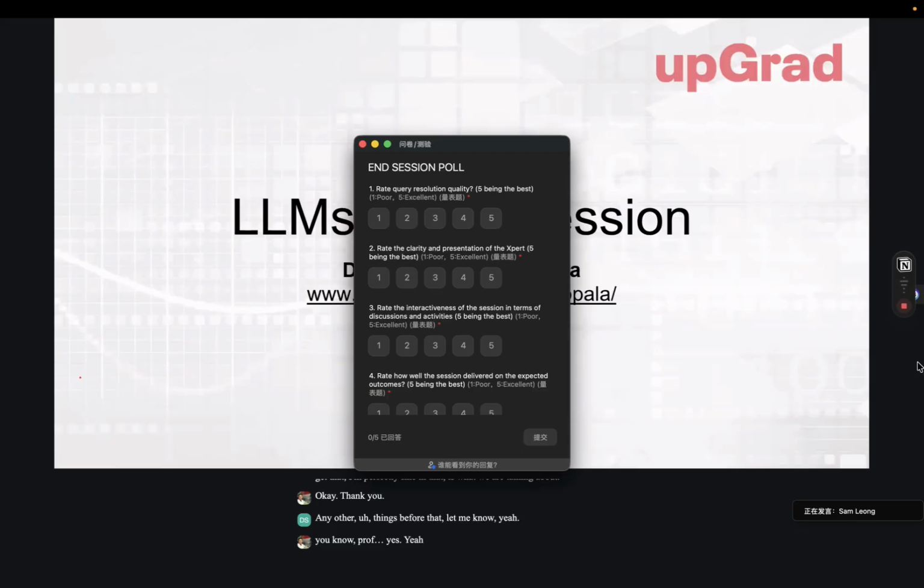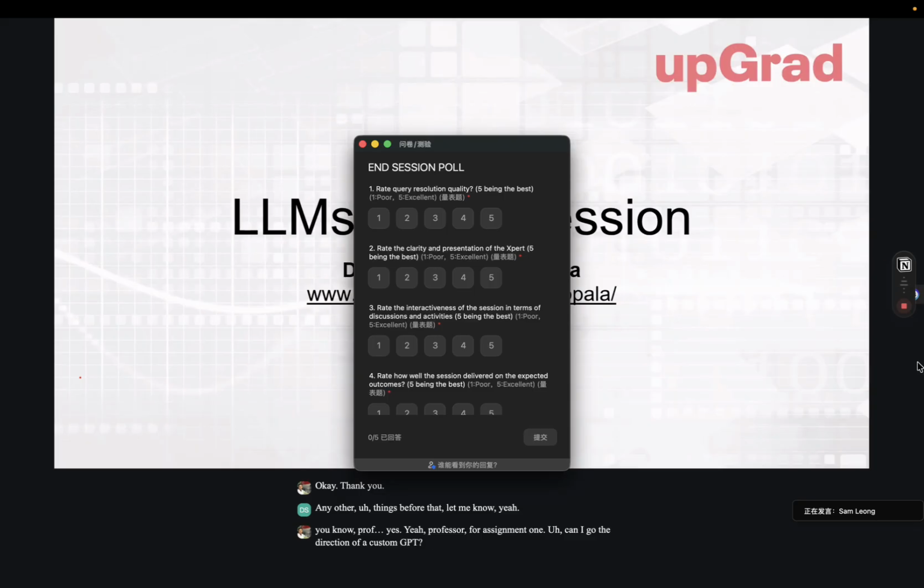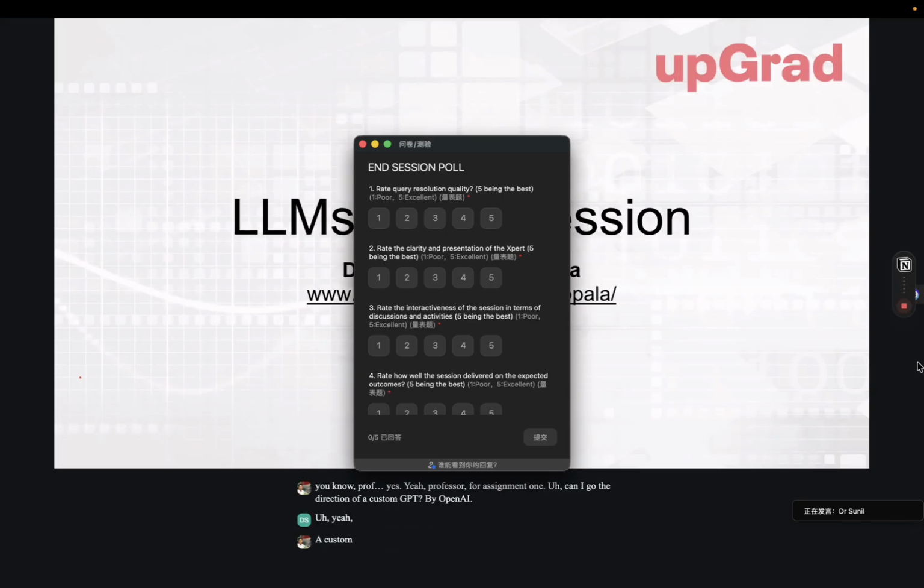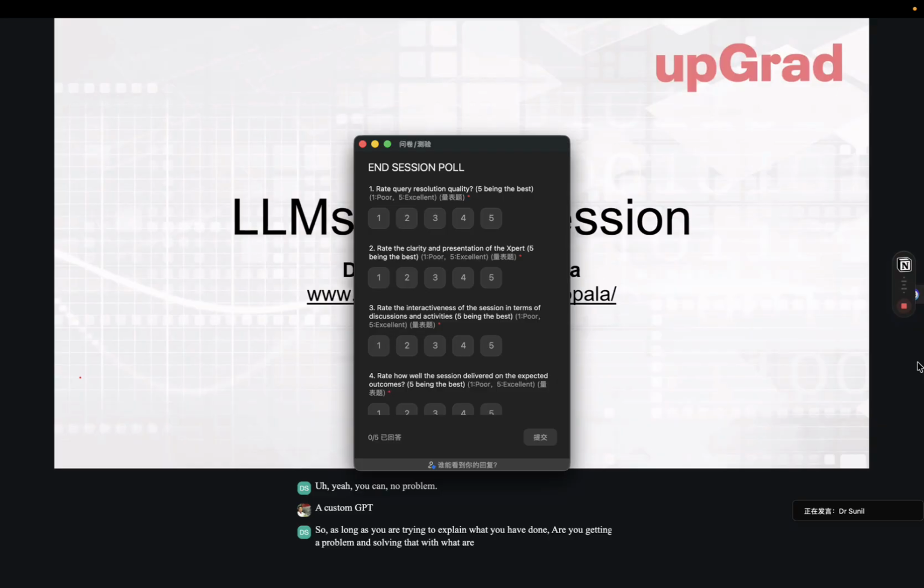Yeah, Professor, for assignment 1, can I go in the direction of a custom GPT by OpenAI? Yeah, custom GPT, you can, no problem. As long as you are trying to explain what you have done, what problem you are solving, and what you understand from prompt or RAG, I'm fine with that.